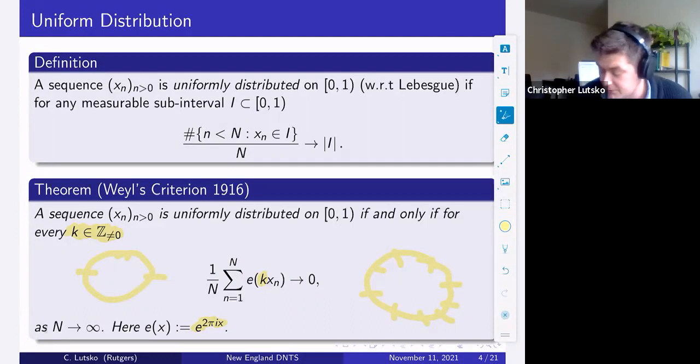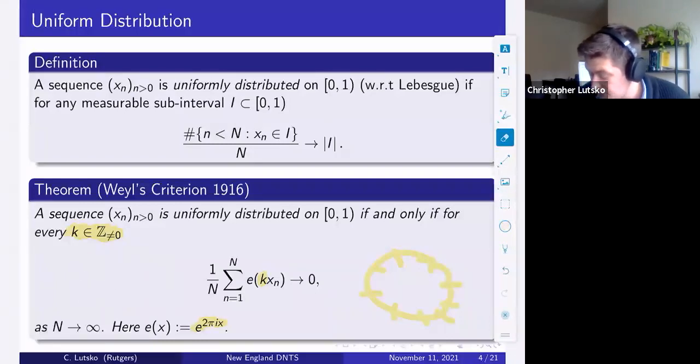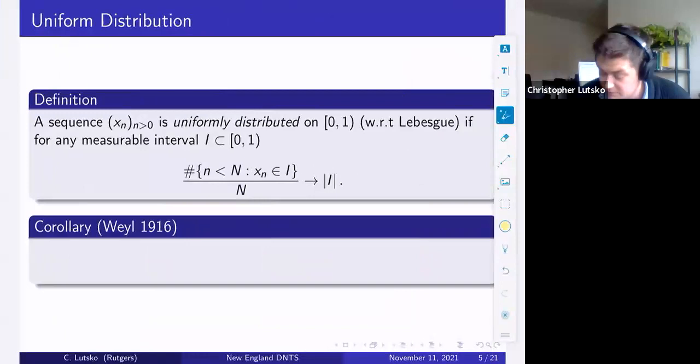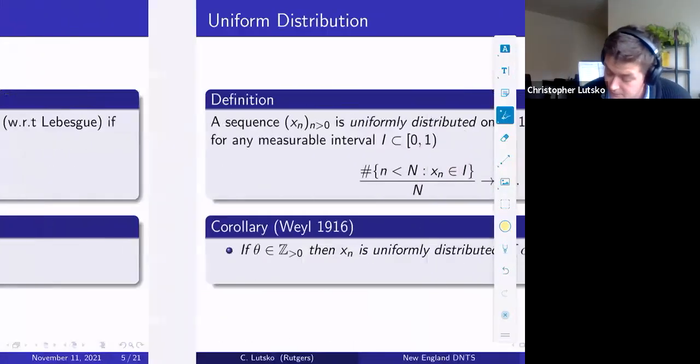But for k equals 2, this blows up. So this averaging on the complex circle is equivalent to uniform distribution. And using this plus a bit of Fourier analysis, Weyl was able to get the following corollary.